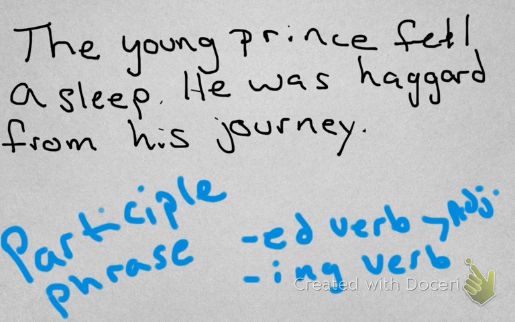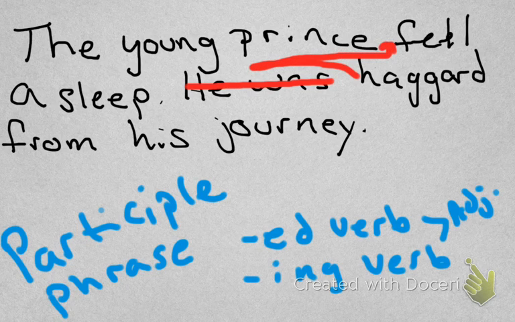is I can take the part that starts with the participle verb, right? So I can actually cross off in the second sentence the he was. And now I can take the rest of this here, I can take all of this and I can move it up here.